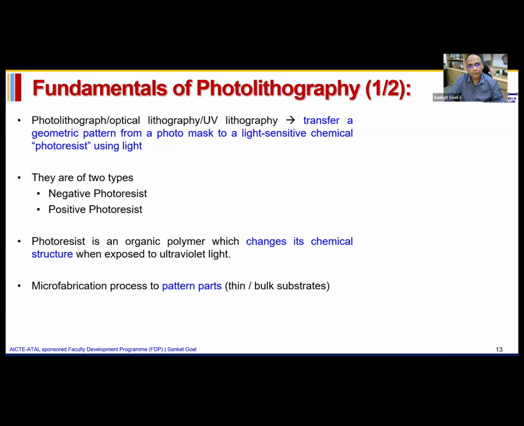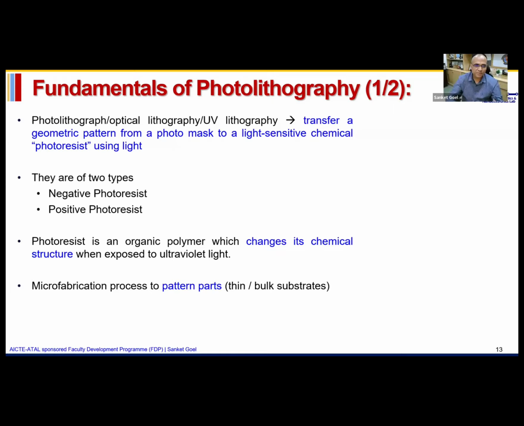So essentially, how do we use light to create patterns? In a nutshell, call it photolithography. Photolithography is typically done in a UV manner, and in order to transfer the pattern, we are not using a hammer, we are using light. We can use a negative photoresist or positive photoresist.